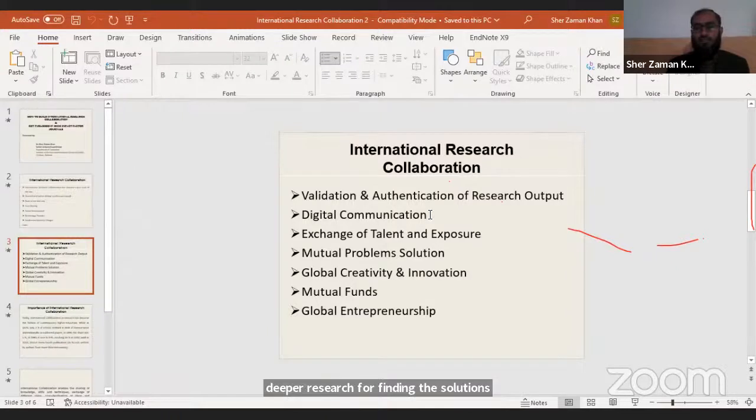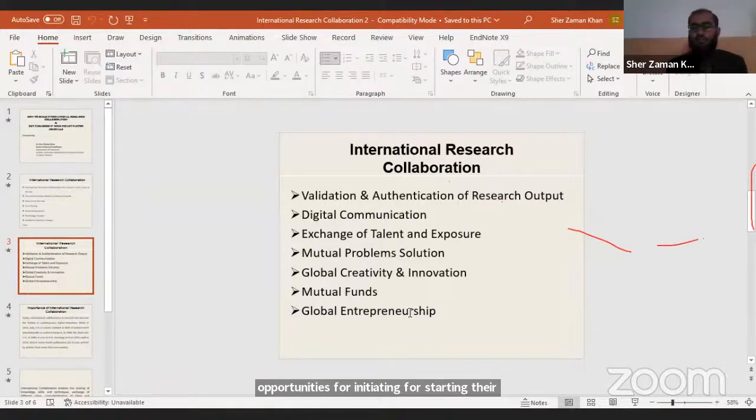the global issues. By having international research collaboration, global entrepreneurship can be developed. Means there are research team members, and they are having, for example, a good relationship. They sometimes find some golden opportunities for starting their businesses, for starting entrepreneurships.